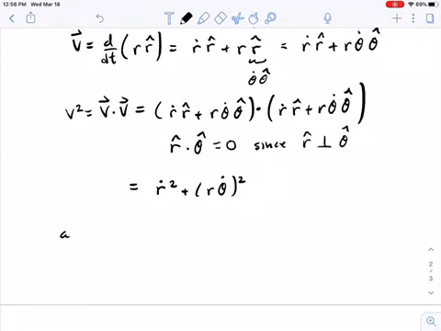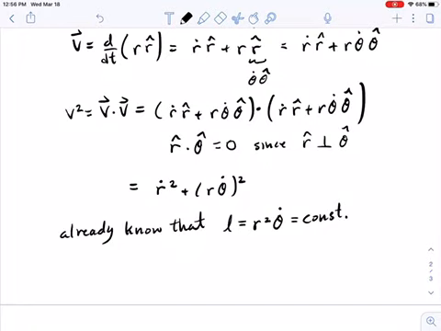So we already know something about theta dot, and what we know is that the angular momentum, big L, little l is the angular momentum divided by mass, and that was r squared theta dot, and that's a constant. That comes from conservation of angular momentum.